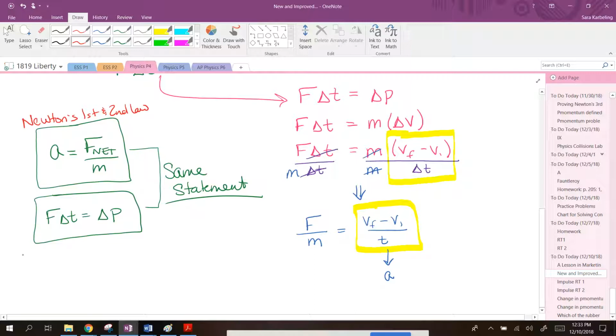The bottom one we usually call the impulse momentum theorem.